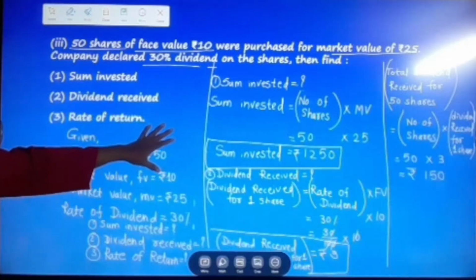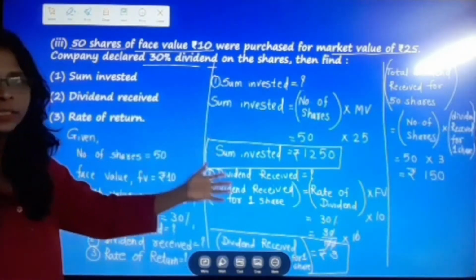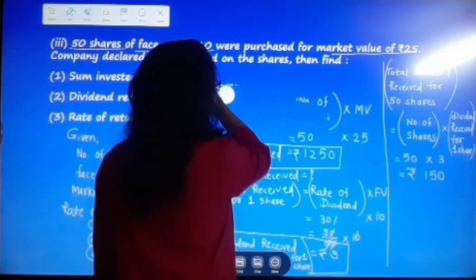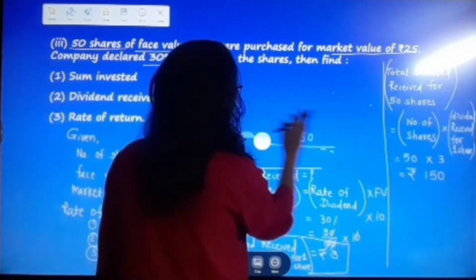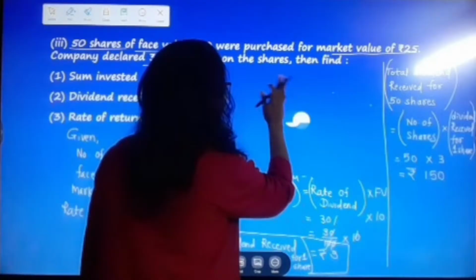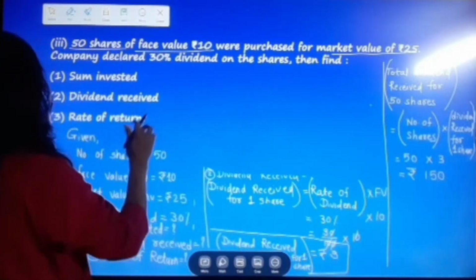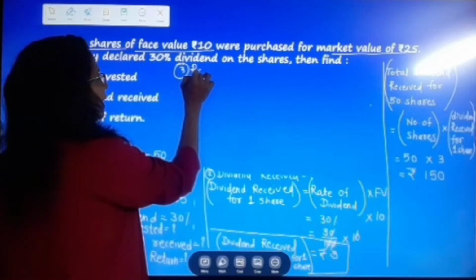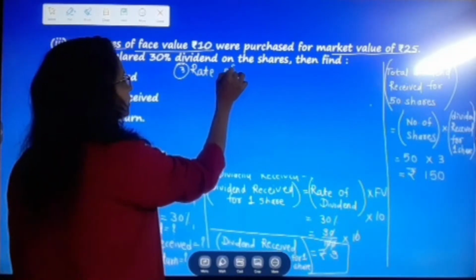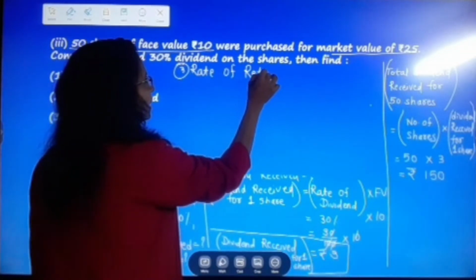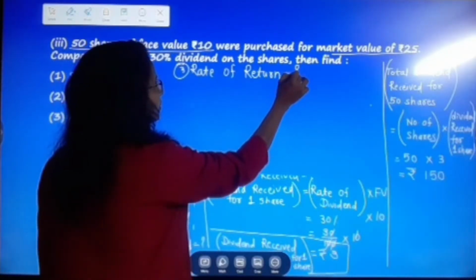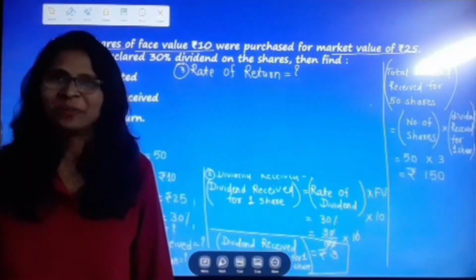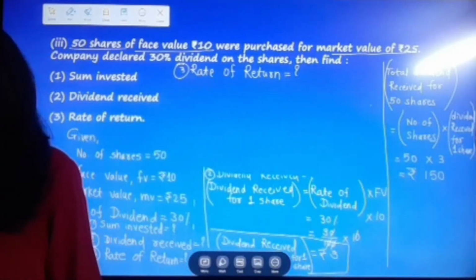I write here, third one, rate of return is equal to question mark. It is also called the ROR, rate of return.